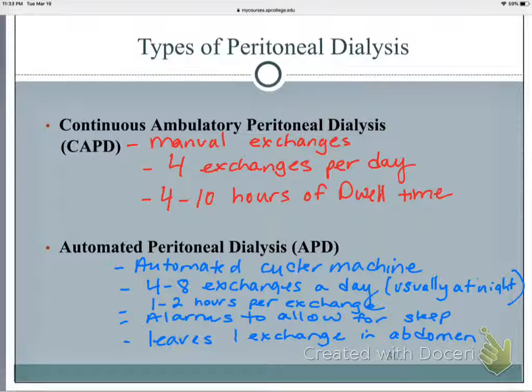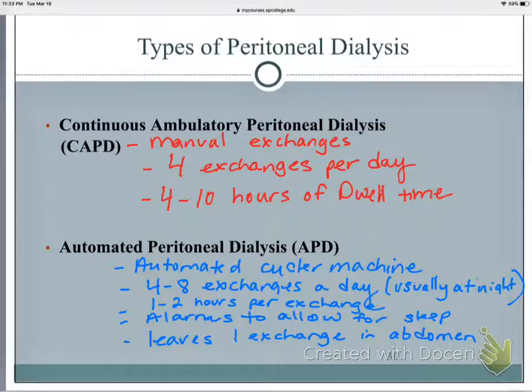So automated peritoneal dialysis is a little better for people, in my opinion. It's used with an automated device, like that picture I showed you with the lady sleeping.